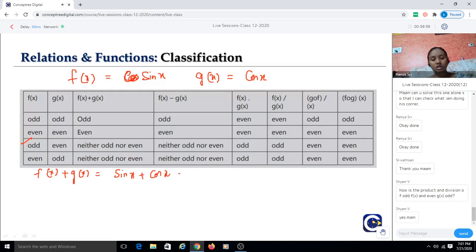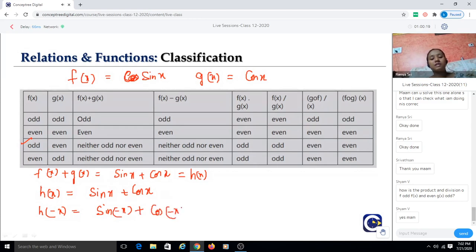So we got our new function h of x, that is h of x equal to sin x plus cos x. So let's just verify whether it's even, odd, or neither even nor odd. So h of minus x will be sin of minus x plus cos of minus x. So we know sin of minus x will be minus sin x, cos of minus x will be cos x.